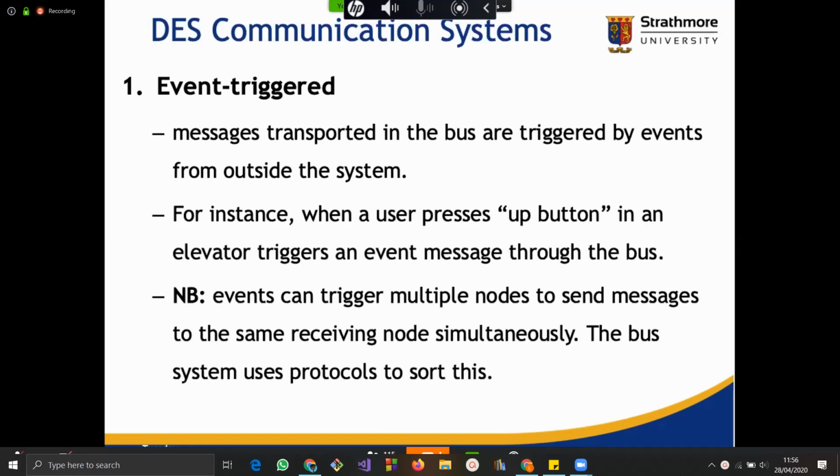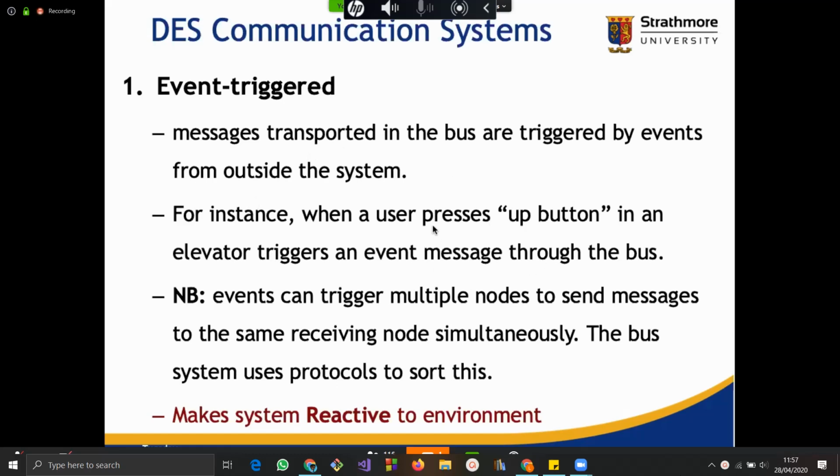So there's the event triggered. Okay, so this is a reactive embedded distributed system. Event triggered means, for example, here we have a node.